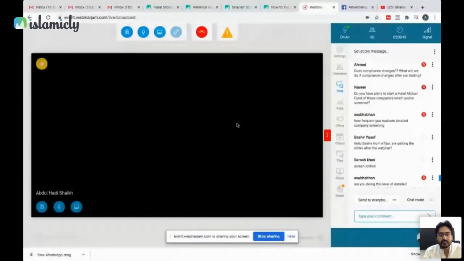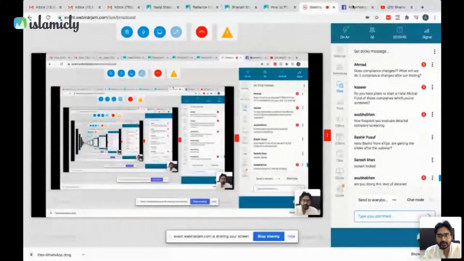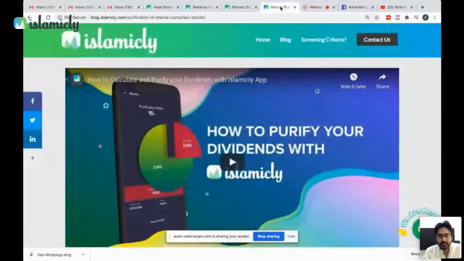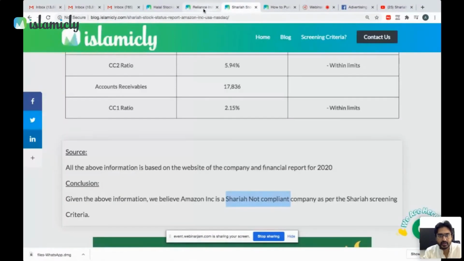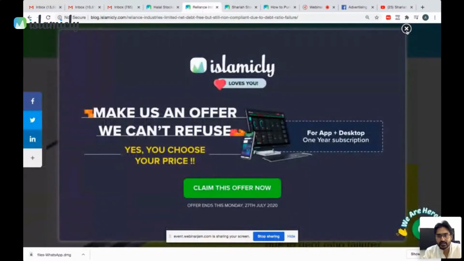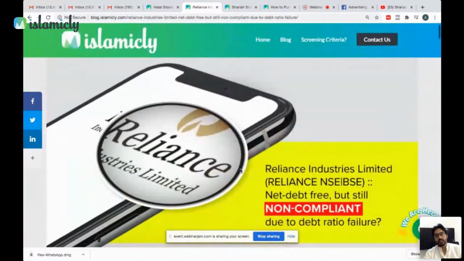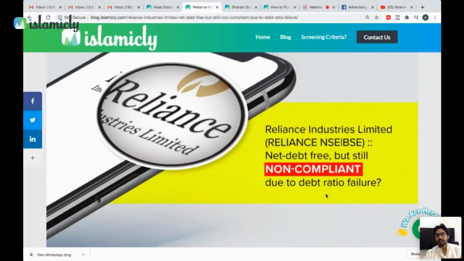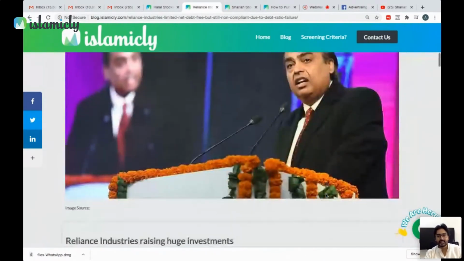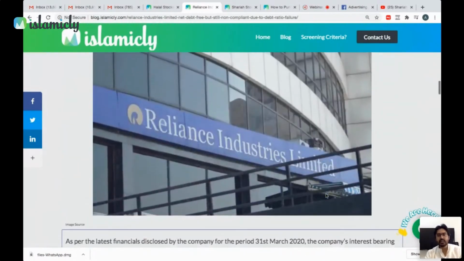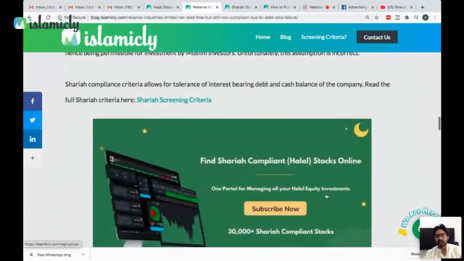We had written a full-fledged article about Reliance Industries. As you can see, Reliance Industries Limited, net debt-free but still non-compliant due to debt ratio failure. Why is it there? The entire reasoning has been given, including the financial numbers that have been considered.